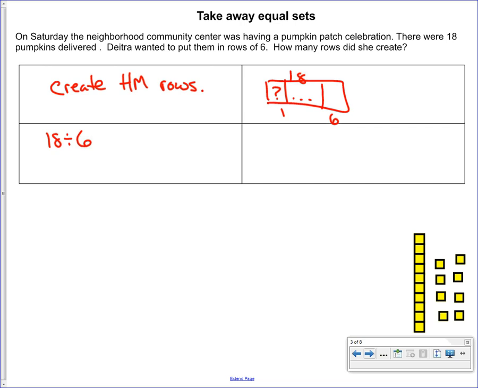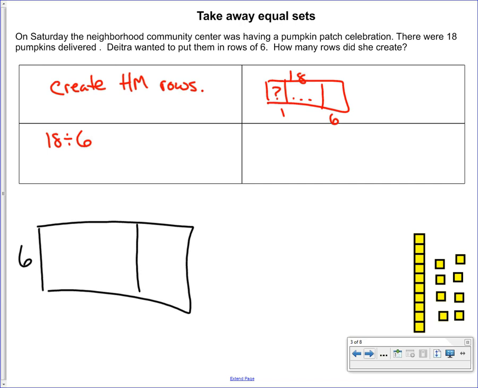Okay, I've got my 18 right there. So let's make our array right here. So 18, my 10s, my 1s. Okay, so let's take our 10s.